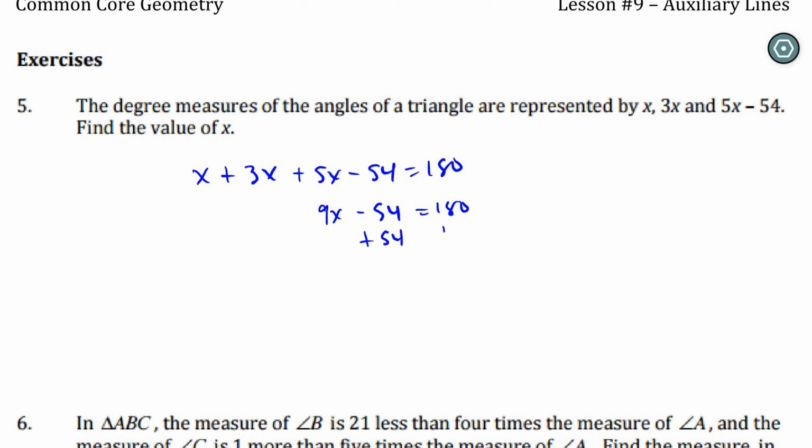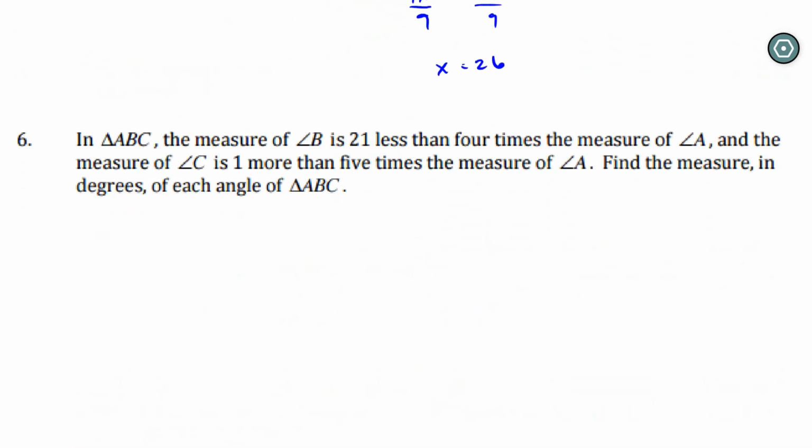Add 54, and I have 9x equals 234. Divide by 9, and whatever that comes out to be is our answer. So x is 26. One thing to look for, what does it ask you to solve for? It asks you to find the value of x, so that's what we're going to do. That one wasn't too bad.